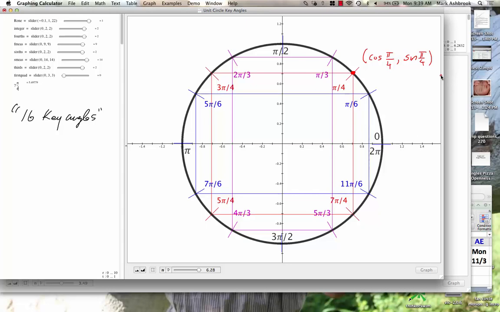So what do you estimate based on the picture? Estimate these coordinates. What would you estimate cosine to be? What would you estimate the sine to be of pi over 4? She said 0.8. Okay, pretty good.